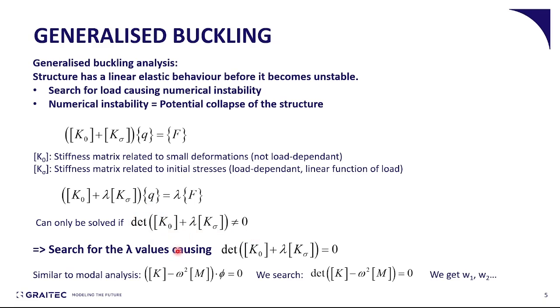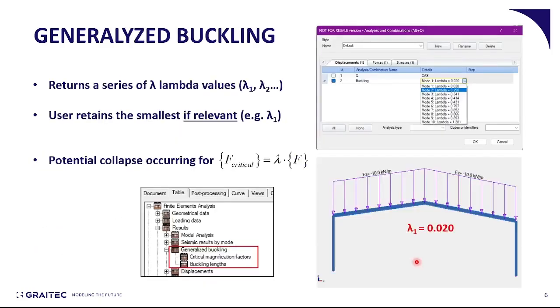So basically we search for the lambda values that cause this quantity to be equal to zero. It's basically similar to the modal analysis where you're searching for the omega values. So in this case, we search for the lambda values. A typical case is the following frame.